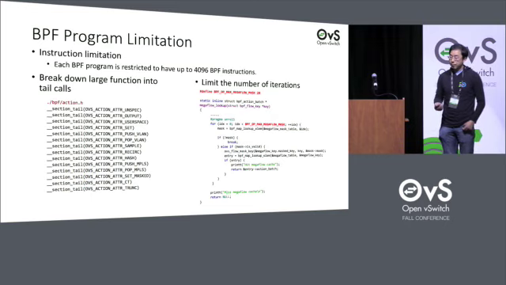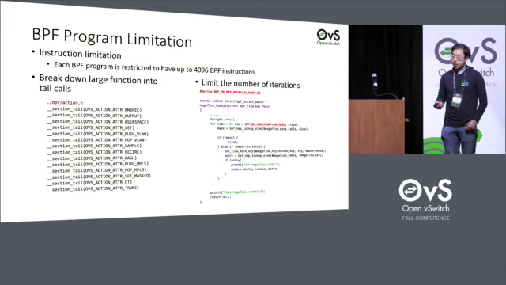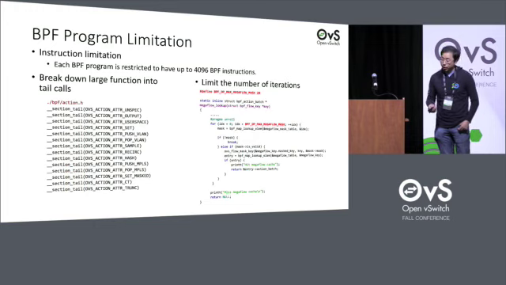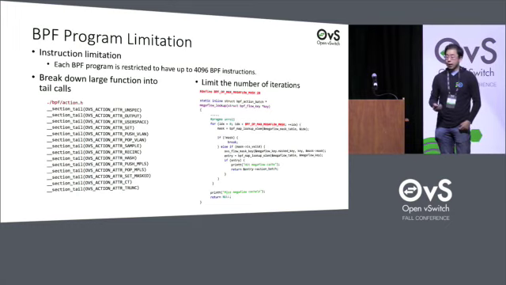The BPF compiler will help us to unroll this loop. If the loop number is too large, then the produced code will be large and exceed the 4K limitation. So here we can at most have 28 megaflows. If we want more, we have to use tail calls.